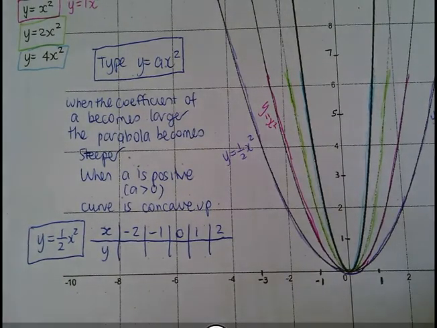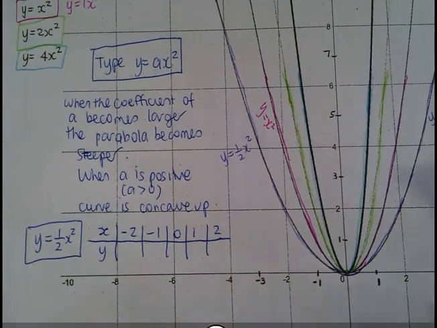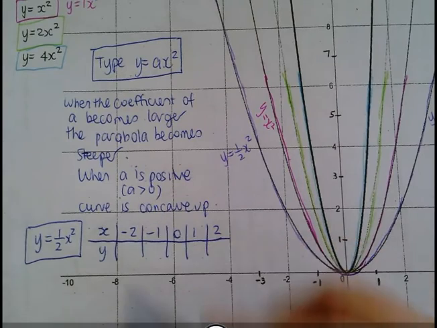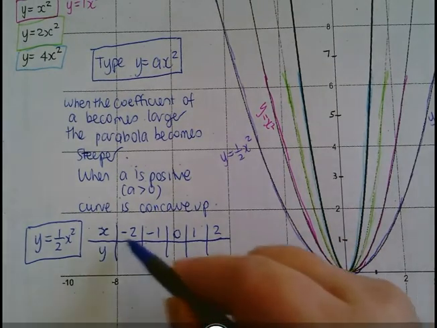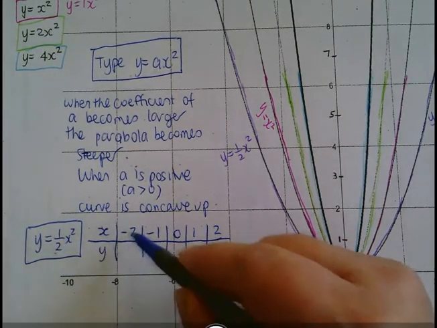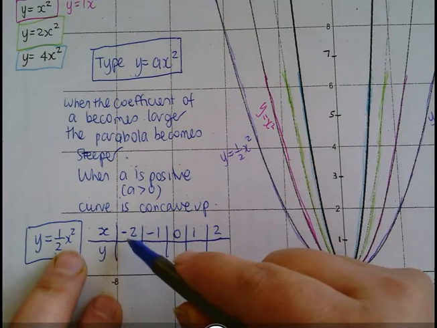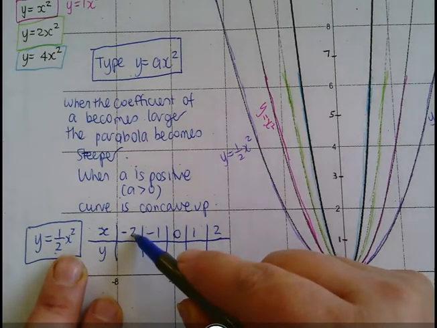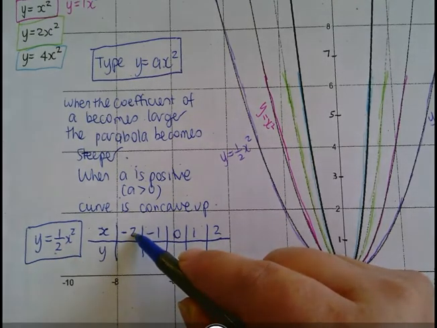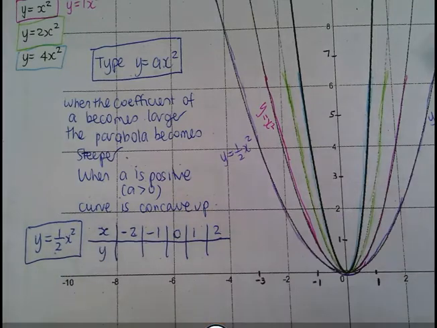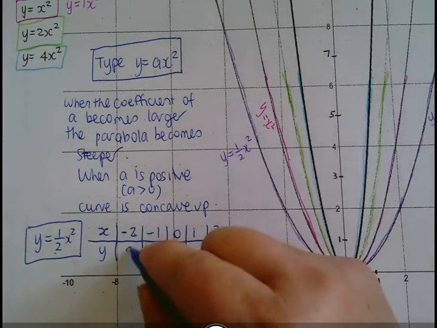Okay? So on your calculator, or you can do it in your head, it would be half times, you'd have to put the -2 in brackets and then square it. Or I'll do it now. You must do the x squared first. So -2 times -2 is +4. A half of 4 is 2.